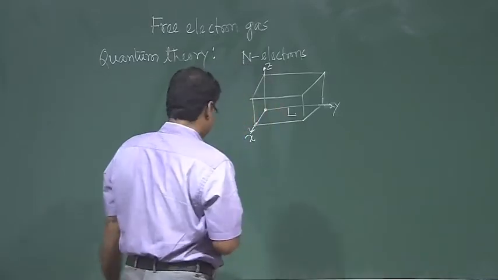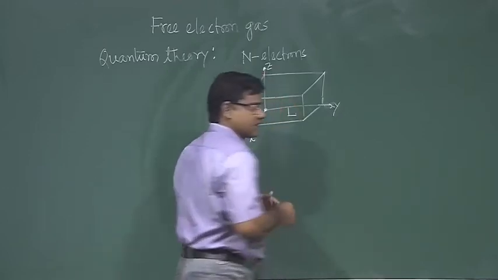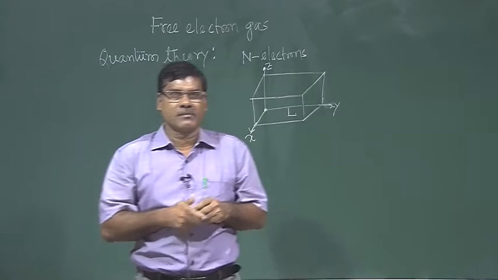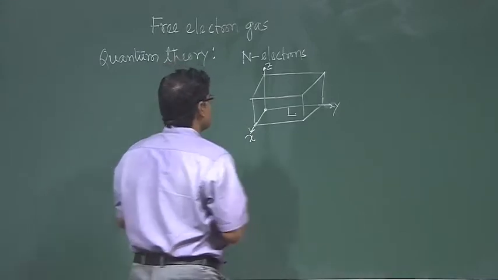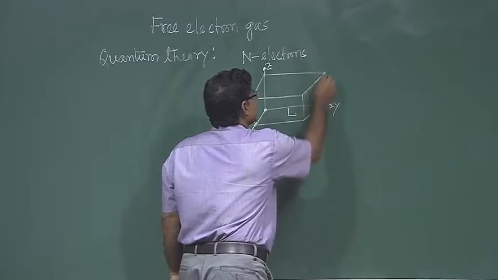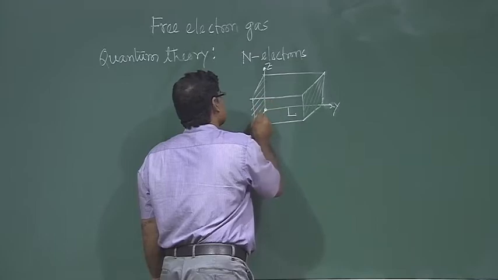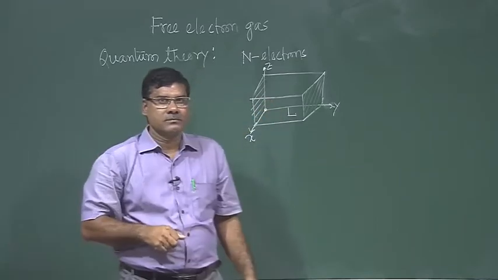So, these electrons are confined in this box, which we call a potential box, where the electron cannot leave the surface of the metal.